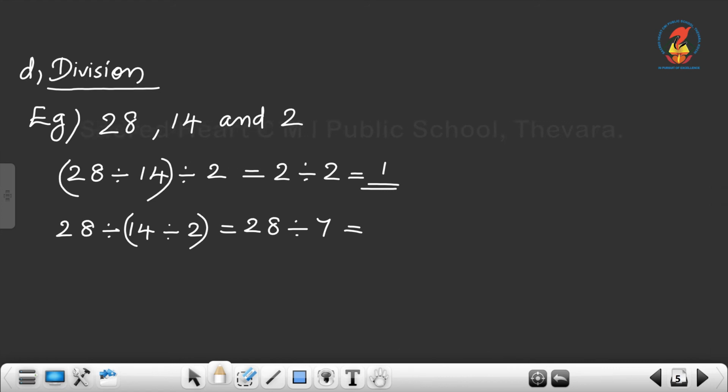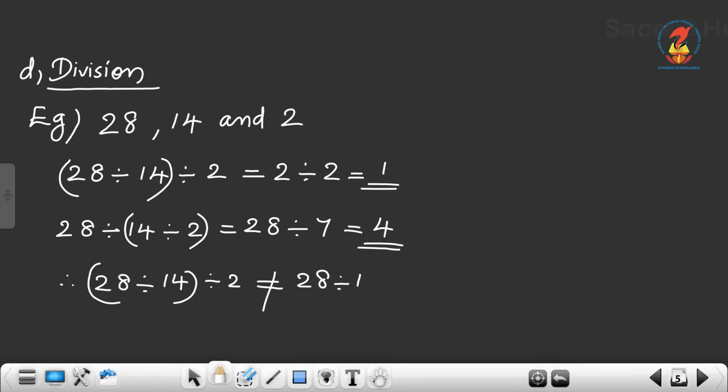Then 28 divided by 7, what is the answer? 4. Now look at these two cases. Are the answers the same? No, they are different. So, we can write (28 ÷ 14) ÷ 2 is not equal to 28 ÷ (14 ÷ 2).